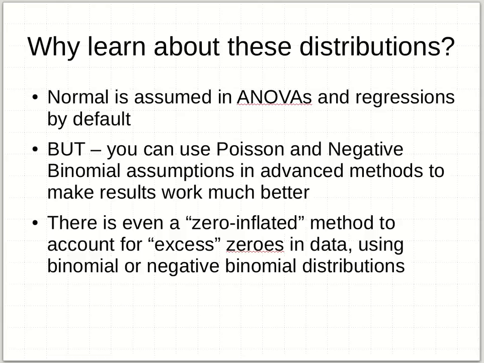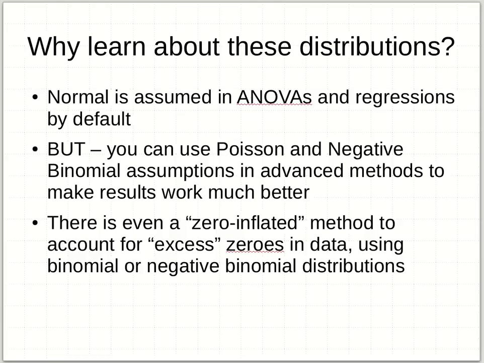What that's essentially doing is saying you have more zeros in your data than you might expect with a regular negative binomial, and we can address that in basically a two-step analysis. Account for the zeros, fix the distribution to look more like a negative binomial, and then evaluate the data with a binomial or negative binomial distribution. So you have some pretty advanced methods at your fingertips to go beyond the normal distribution.